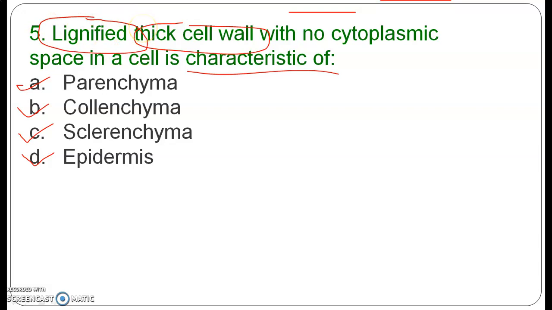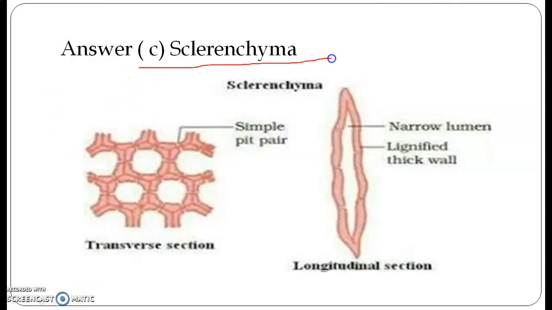That means lignin is deposited in the cell wall to make it thick, with no cytoplasmic space in between. Cells are so thick just because lignin is deposited in the cell wall. I know that you got the answer. So without any delay, the answer for this question is option C, that is sclerenchyma.